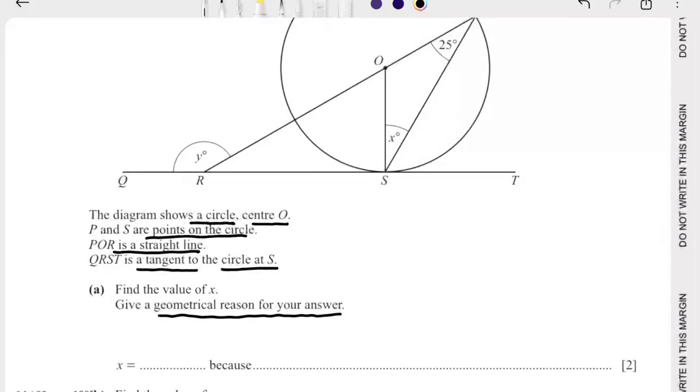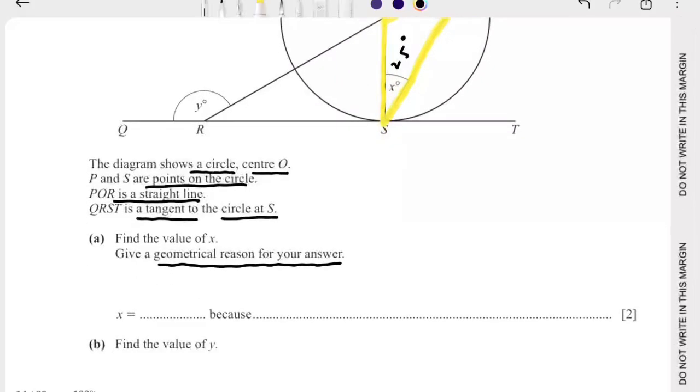This is an isosceles triangle and its base angles are the same, so angle x would also be 25 degrees. So 25 degrees is the answer, because base angles of an isosceles triangle are equal.